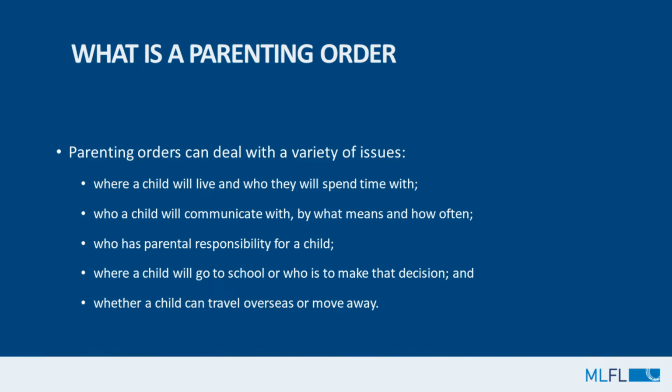And this can include, but is not limited to, the child's future education, a child's health, changes to a child's living arrangements, which make it significantly more difficult for a child to spend time with either parent. A parenting order can also deal with a specific order about which school a child should attend and who can make the decision, and about a child travelling overseas.